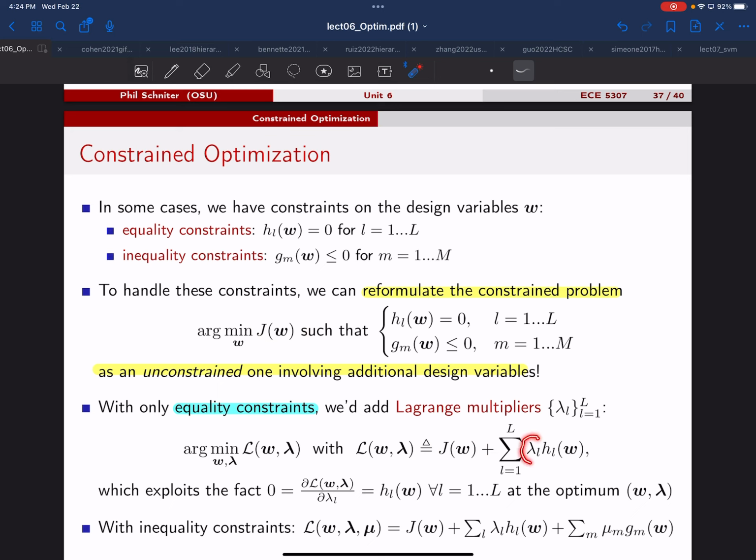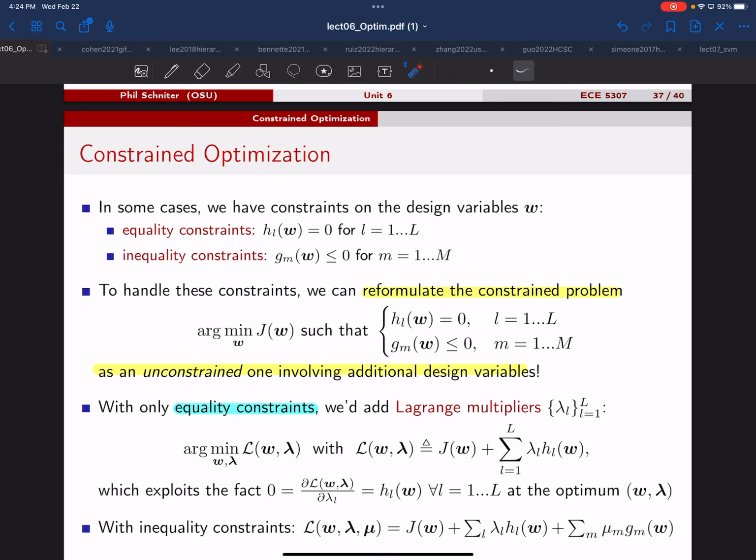Here are my new variables, lambda L, and here are my equality constraints. So this is a new cost function that involves both w and lambda. Lambda is the vector of all those Lagrange multipliers. And now it's enough to minimize this new cost over both w and lambda.